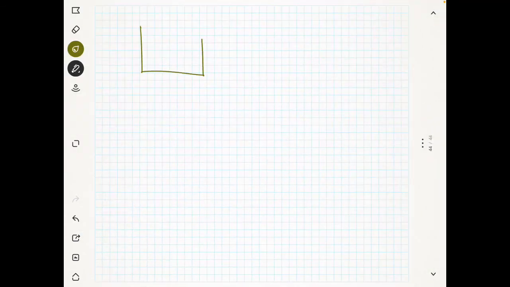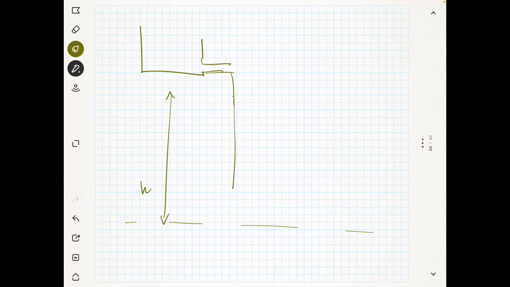You can imagine the working of the transistor like this. You have a water tank which is at a huge height, let's say H, and this is the ground. You have the valve here, and this is your output.